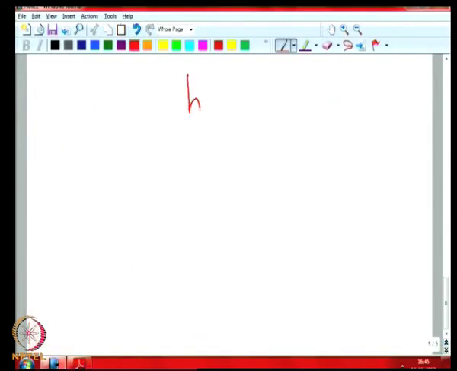So, again I am saying, Hn equal to C times 2 raised to n will satisfy this relation Hn equal to 2 times Hn minus 1, right.